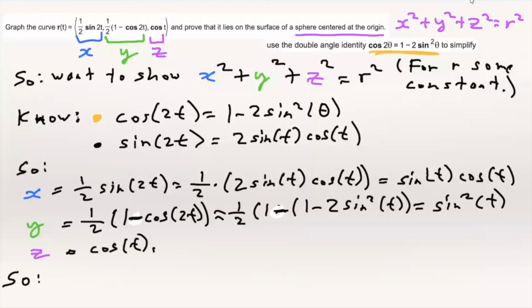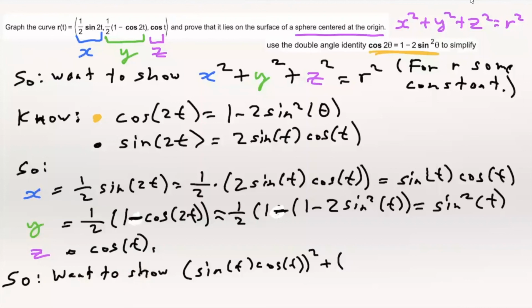Okay, so therefore we want to show that x squared plus y squared plus z squared is a constant, and that's now sine t cosine t squared. So this is now our x squared, plus our y squared, which is sine squared of t, and we want to square that as well.